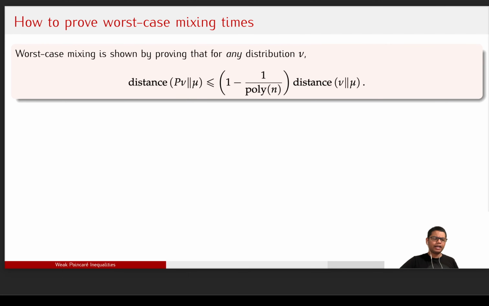So let's revisit the basic question of how one proves worst case mixing time bounds. Usually worst case mixing bounds are proved by first showing that for some appropriate distance function, if you are at any distribution nu, if you run the Markov chain for a single step, then the distance to the stationary distribution contracts by a 1 minus 1 over polynomial in n factor.